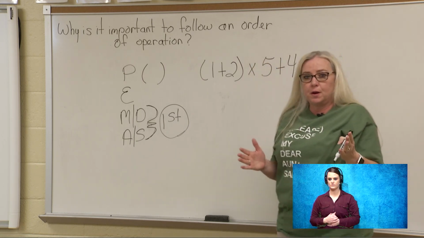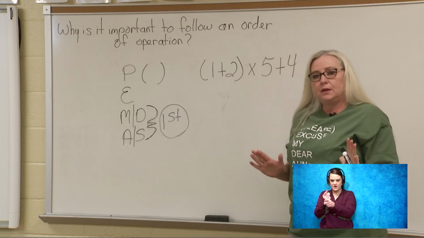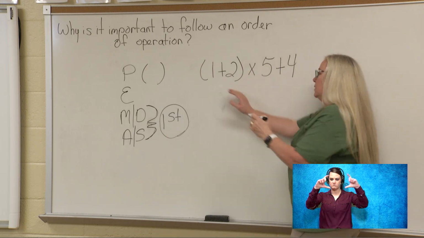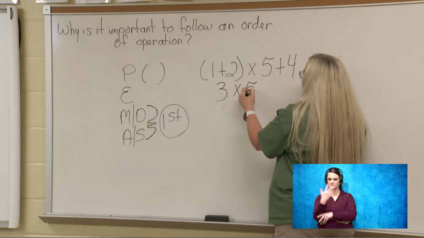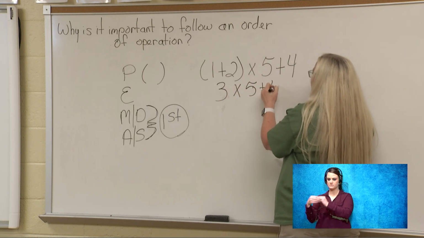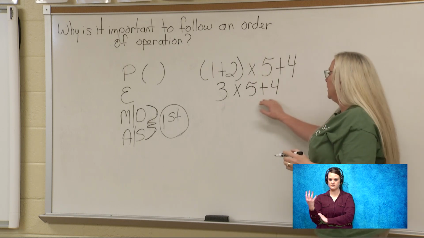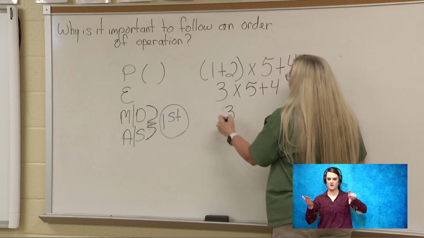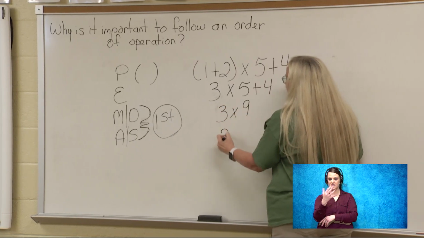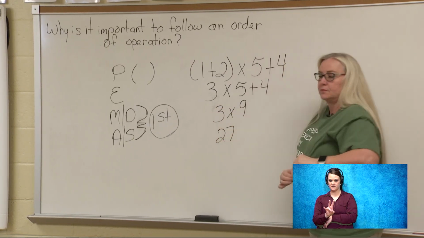And they did the first part of it correctly. They didn't have any problems with the parentheses part. They did 3 times 5 plus 4. But when they got here, they automatically wanted to do 3 times 9 is 27.